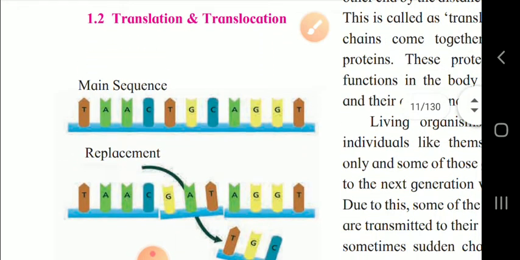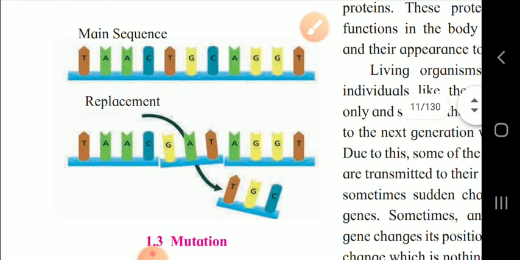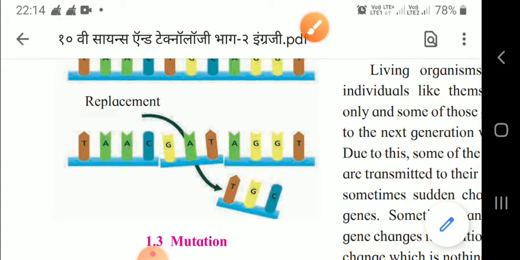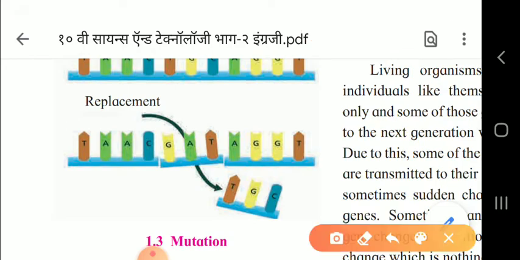Here you can see how the mutation takes place. This is the main sequence, and here the replacement takes place, how this thymine, guanine and cytosine are replaced. This way you can see how the mutation takes place. This is mutation.